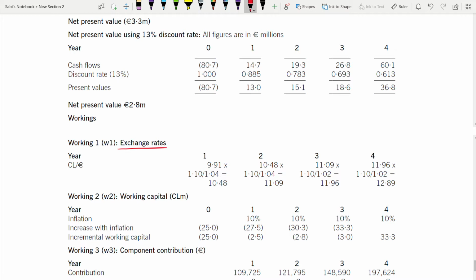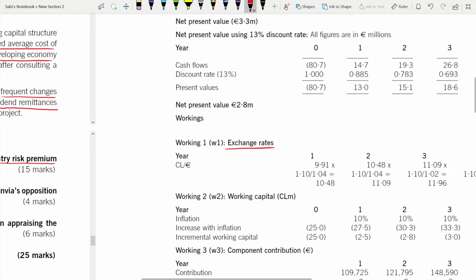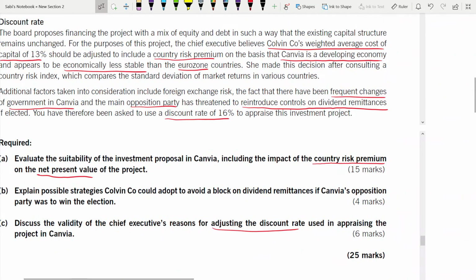Here it is the exchange rate using the inflation of the two countries. Because the exchange rate you are given is for current year 0, you need to find it for years 1, 2, 3 and 4. If you see here, it is 9.91 into 1.1 divided by 1.04. So we'll go and check the exchange rate.